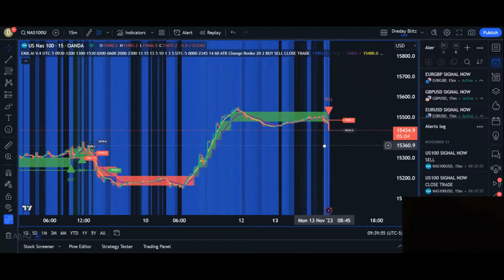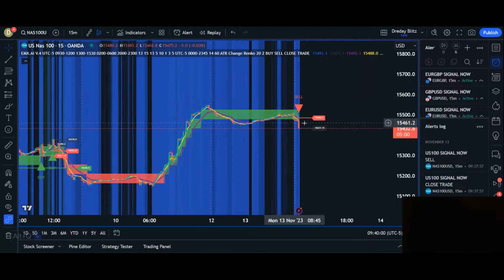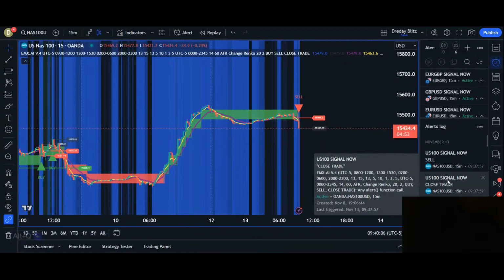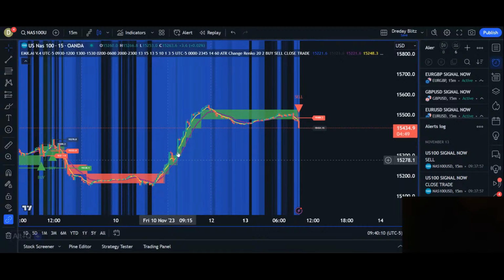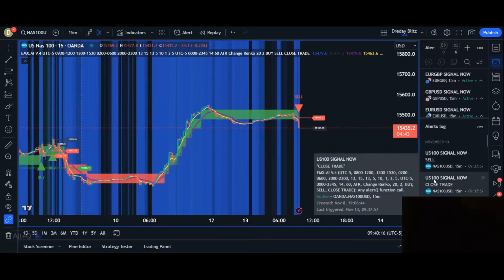Now we had a sell signal because the market is going bearish, and we receive this signal stating that any buy signal from here to here needs to be closed. That's why I had it as closed trade.